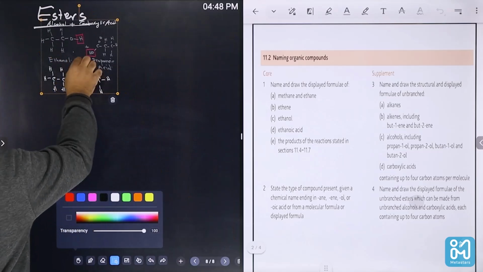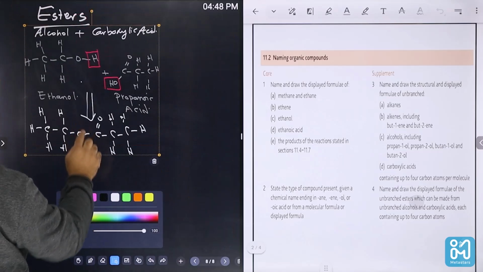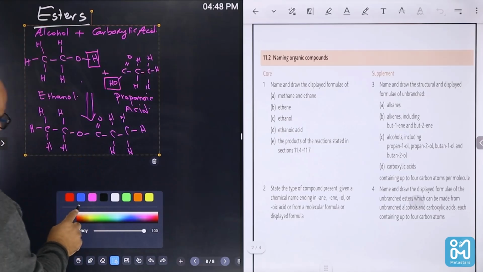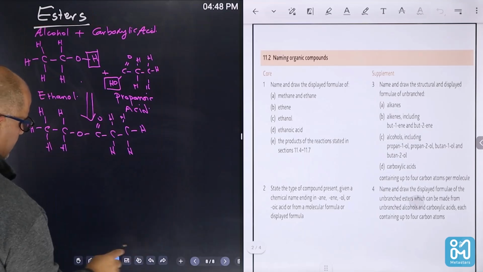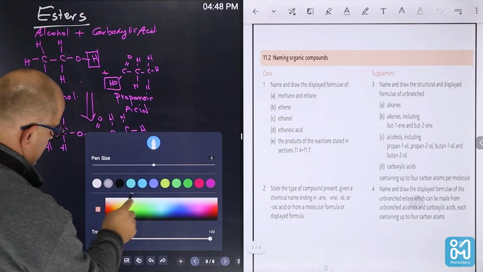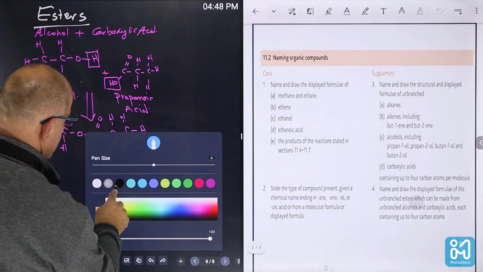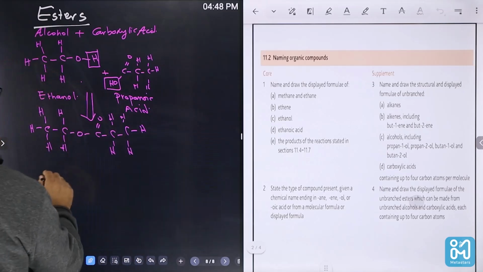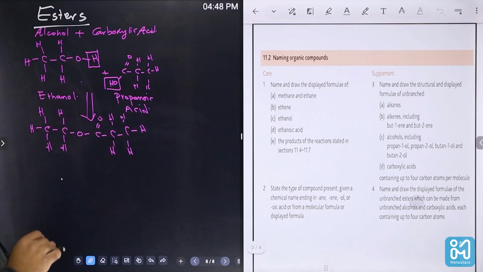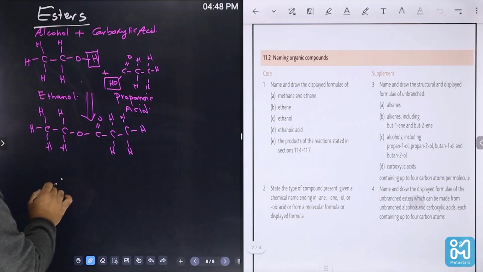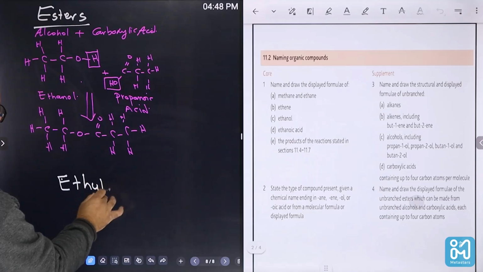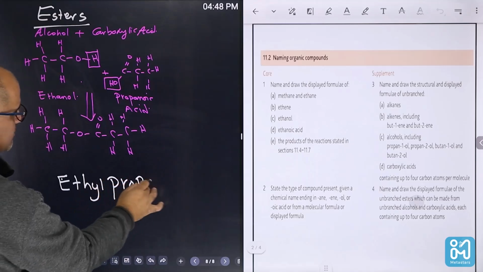Now the carboxylic acid is propanoic acid and the alcohol is ethanol, so this is ethyl propanoate.